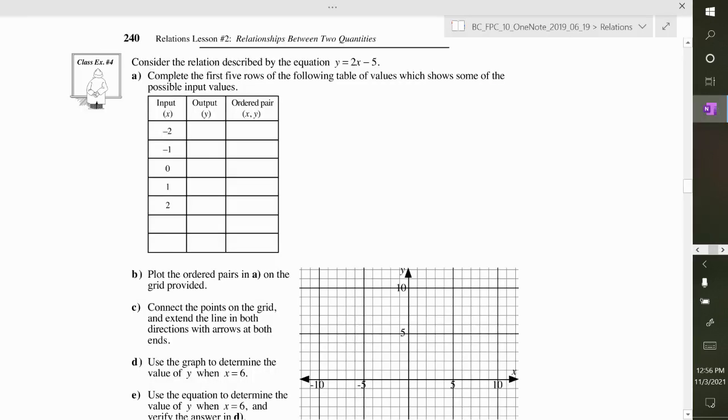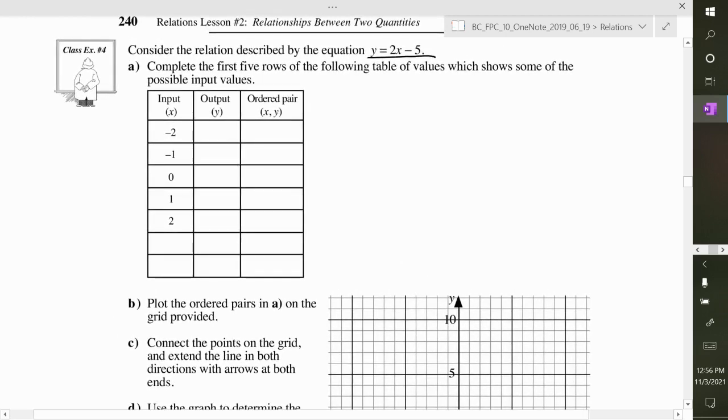All right. We're going to complete this table of values. They give us the equation y is equal to 2x minus 5. And they want us to finish this table of values. They give us the inputs: -2, -1, 0, 1, 2. I think we should do 6 and... What's another number?